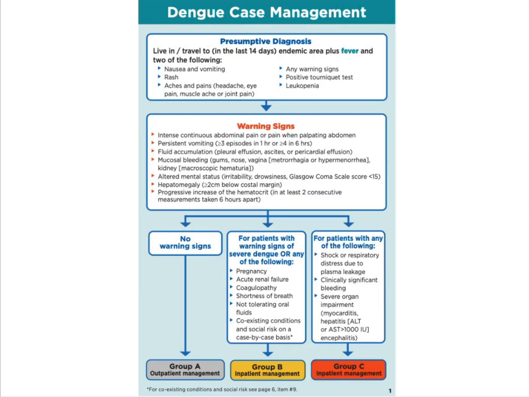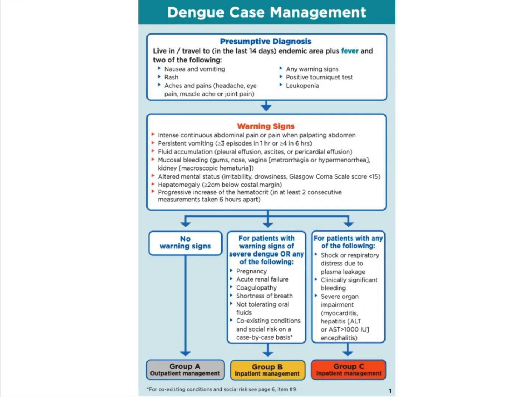And then you assess whether they have any warning signs, which would commonly be significant abdominal pain, persistent vomiting, signs of fluid retention, signs of bleeding, altered mental status, hepatomegaly, and any kind of progressive increase in hematocrit, which typically, again, you see towards the end of the febrile phase.